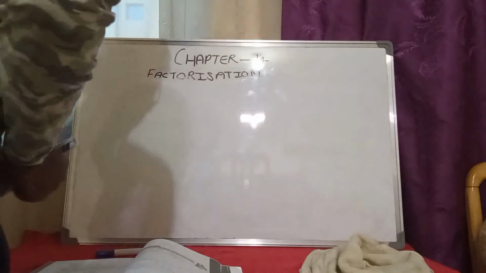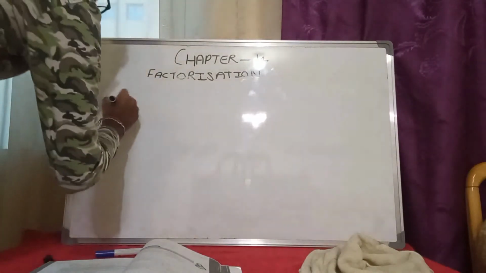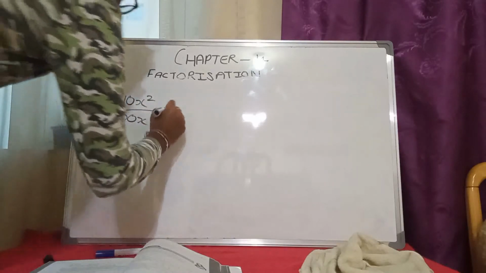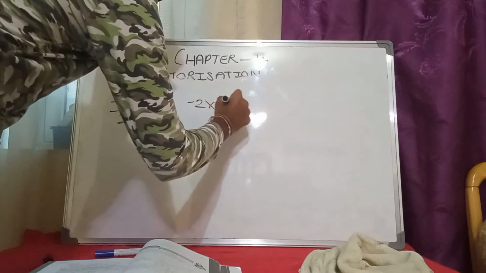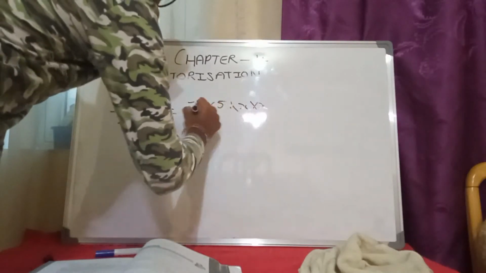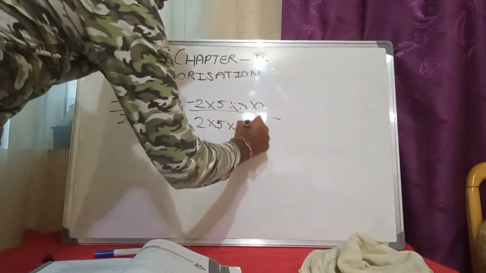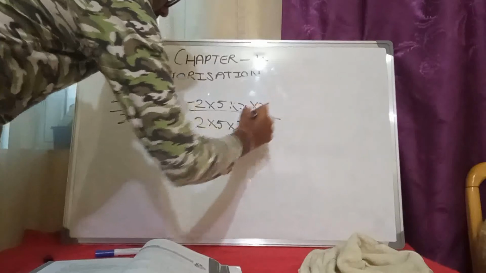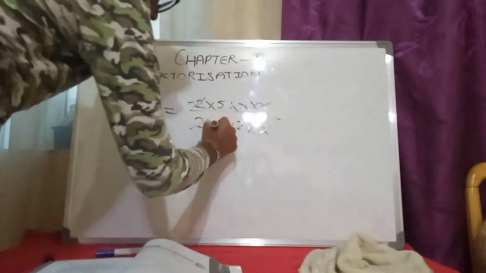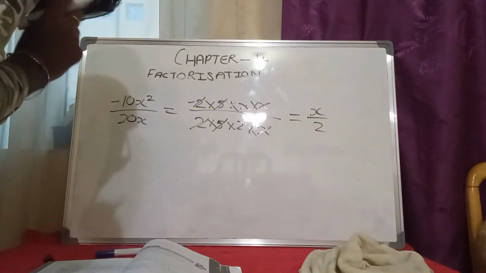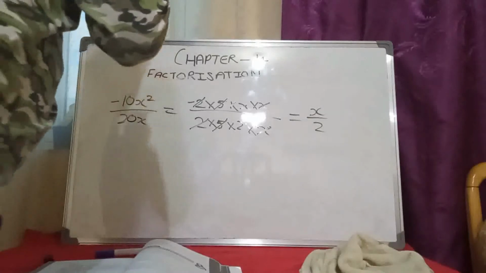First, monomial by another monomial: negative 10x square by 20x, which can be written as negative 2 into 5 into x into x by 2 into 5 into 2 into x. Here x and x can be cancelled out, 2 and 2 can be cancelled out, 5 and 5 can be cancelled out. So the answer will be x by 2.